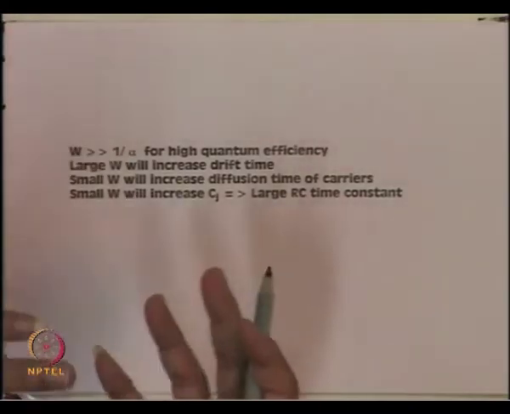So, these are contradictory requirements, with which one has to choose the proper value of W, or the thickness of the intrinsic layer, so that we get some optimum cutoff frequency for this device. A width of typically about 2 to 3 times 1 over alpha seems to be some kind of optimum situation. So, the typical intrinsic layer width is about 2 to 3 times 1 over the absorption coefficient inside the material.